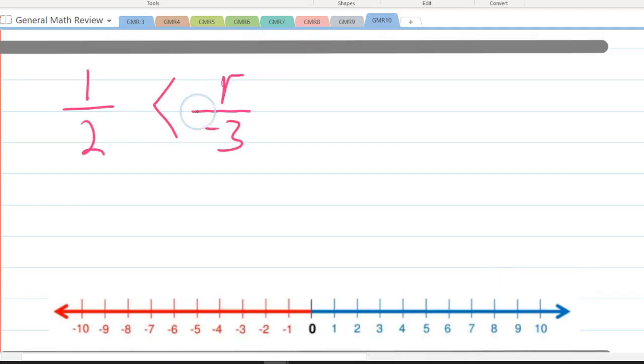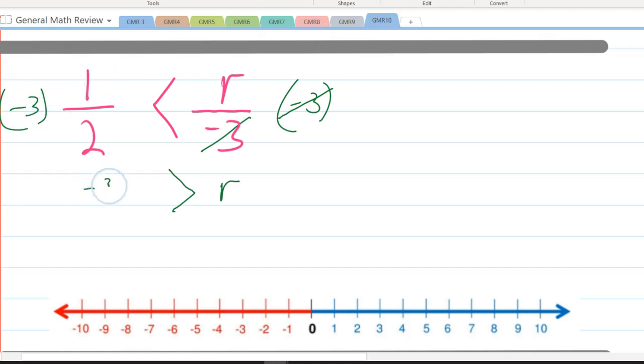Another quick easy one: the opposite of dividing by negative 3 is multiplying by negative 3. What I do to one side, I do to the other. Negative 3 divided by negative 3 cancels out, and that gives me a positive r. Now, because I multiplied both sides by a negative, I'm going to flip the sign. Negative 3 times 1 is negative 3 halves.